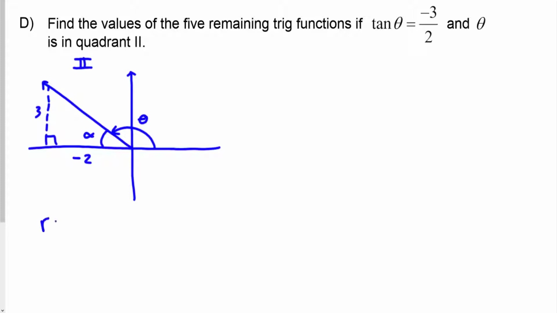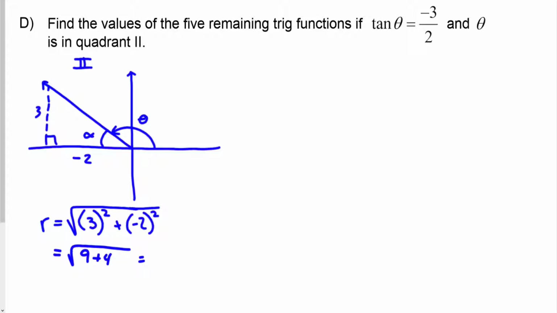So r is going to be the square root of x squared plus y squared, and I actually swapped those, but that's okay because they're getting added together. So this would be 9 plus 4, which is the square root of 13. So this distance along here is the square root of 13.